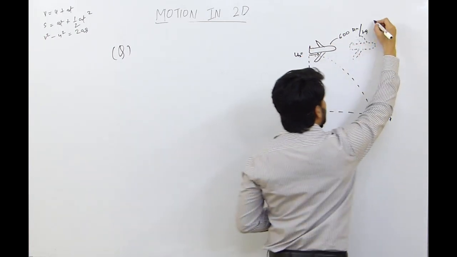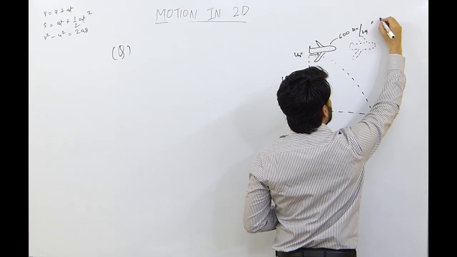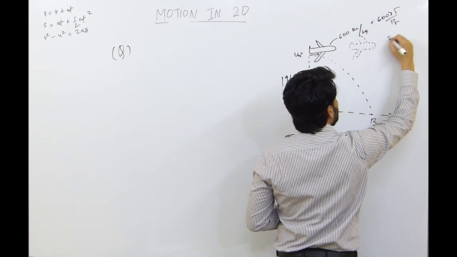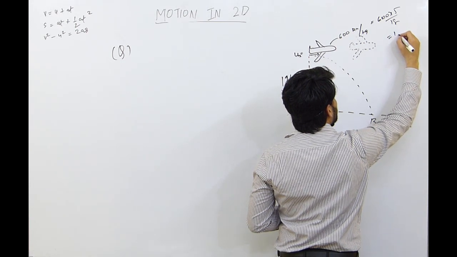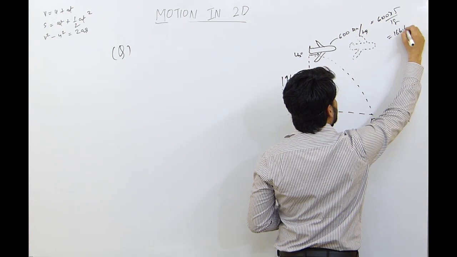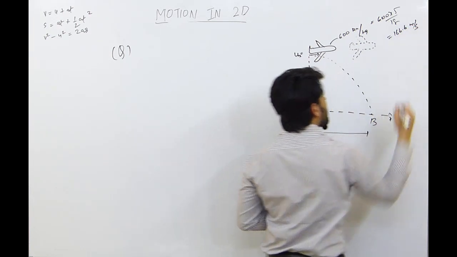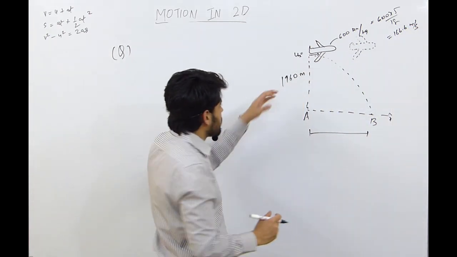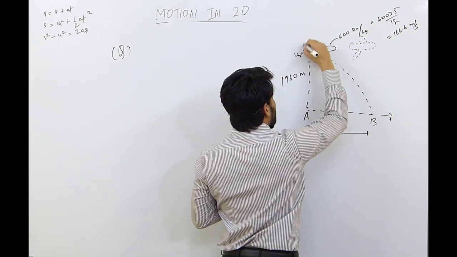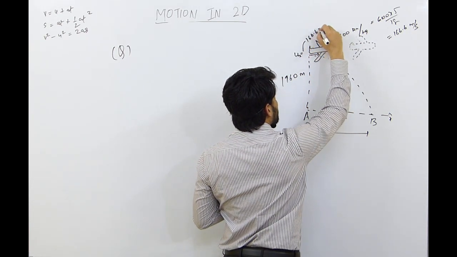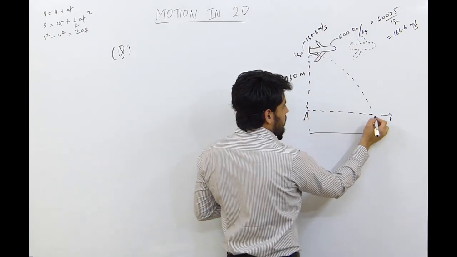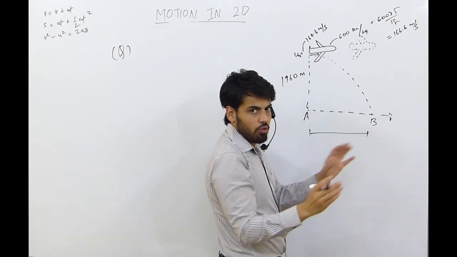We will convert 600 km per hour into meter per second by multiplying by 5 by 18, which is 166.6 meter per second. The ux will be the same as the plane, that is 166.6 meter per second. The velocity of the bomb at point B we don't have to consider.